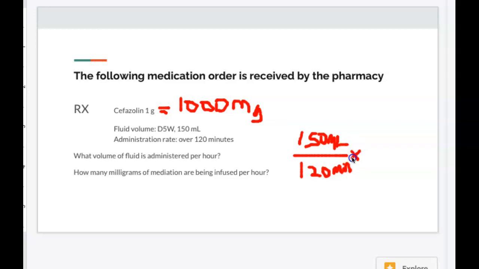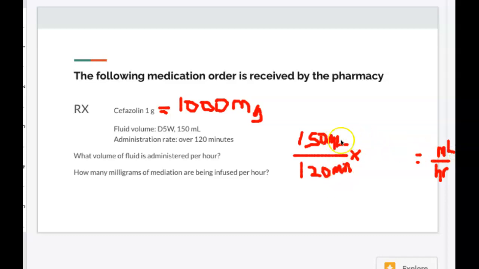Okay, and we are trying to get a volume of fluid over hours. So our final answer needs to be in hours. So milliliters over hours. That's what we want to get to.